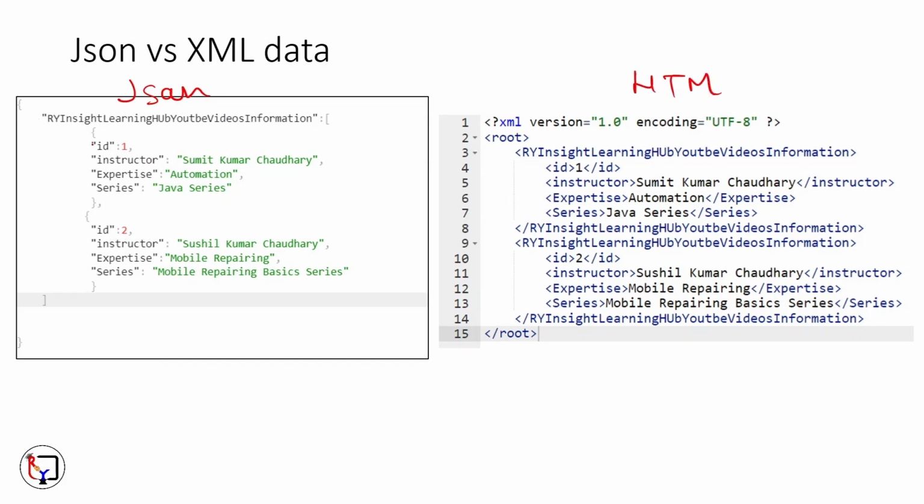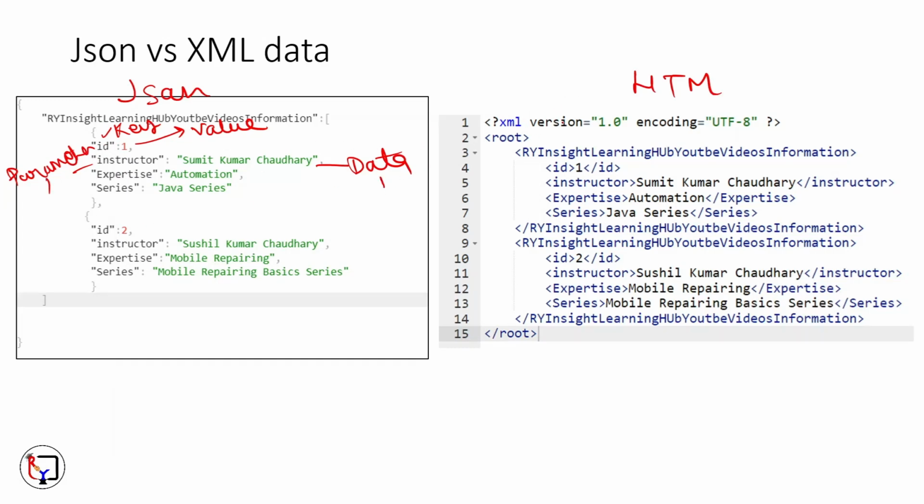You can see this is the key, this is the value, or we can say this is a parameter, or this is the data. JSON stores the data with the help of a set of keys and values.